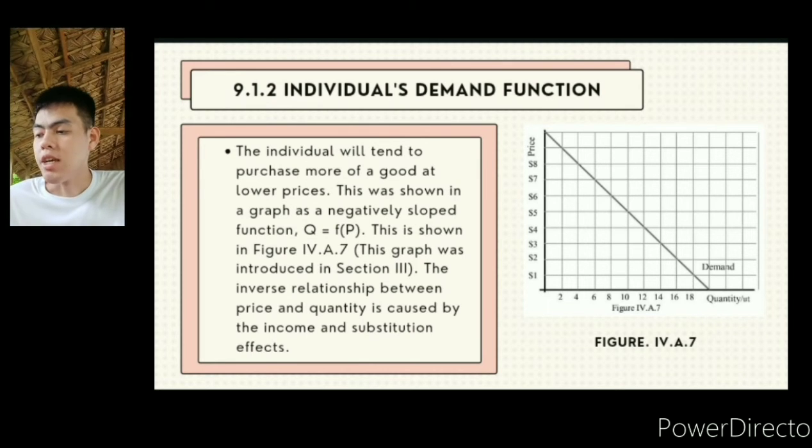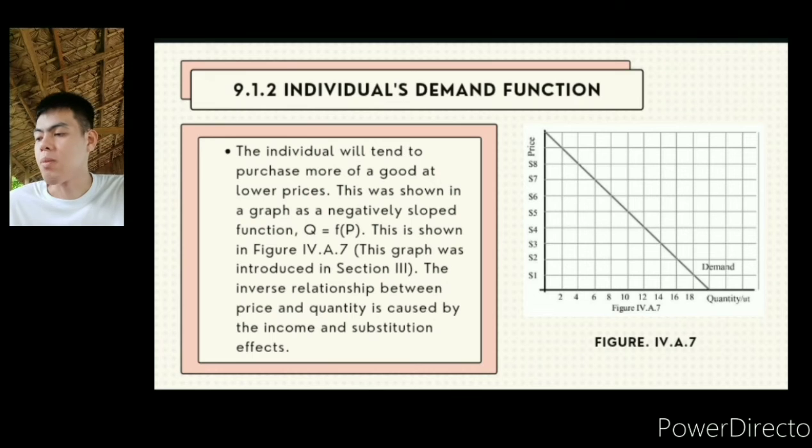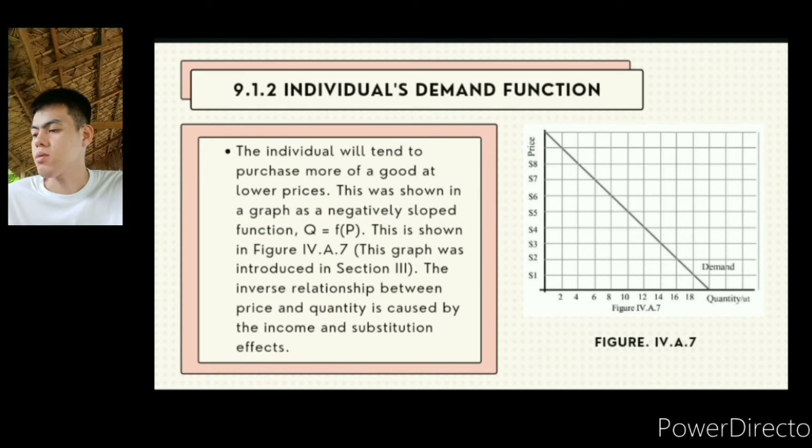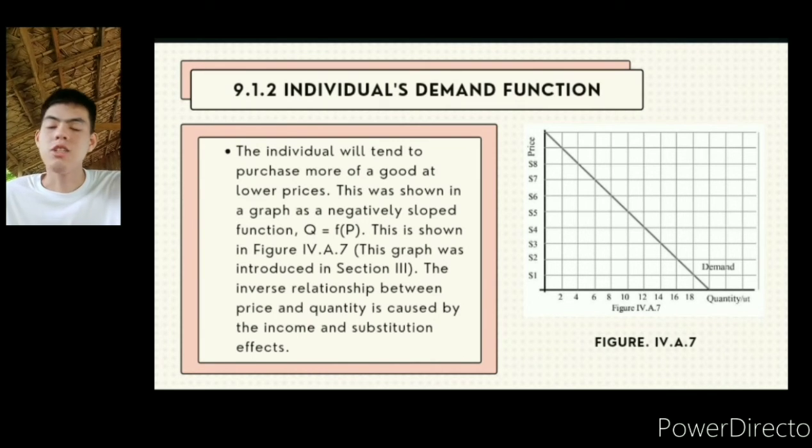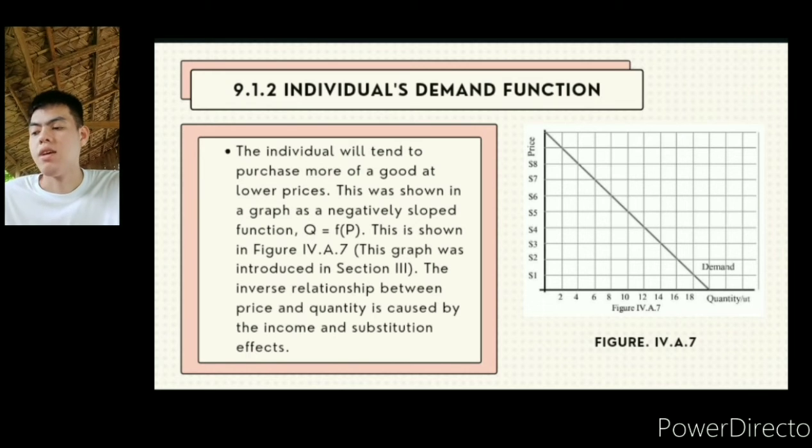As we see in figure 4.8.7, it shows the negatively sloped function. Unlike dun sa mga previous figure na nagra-rise ang slope positively, ay dito naman ay negatively.